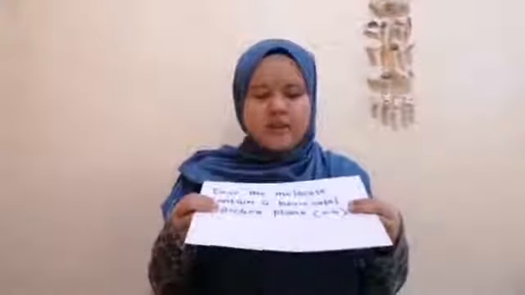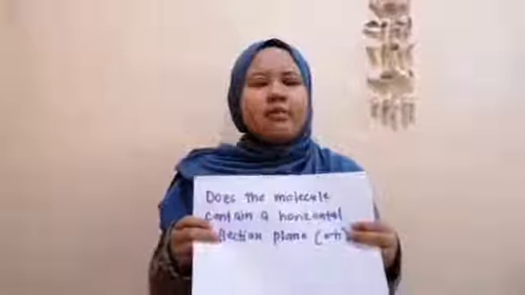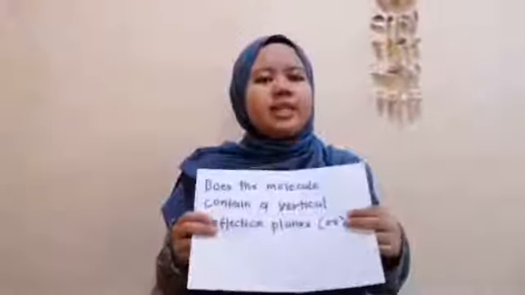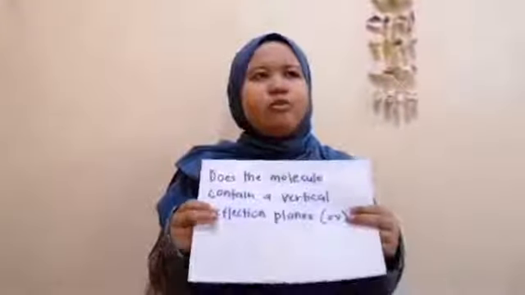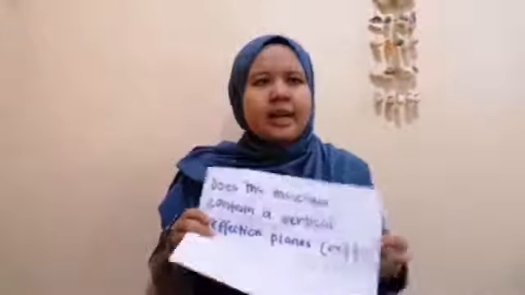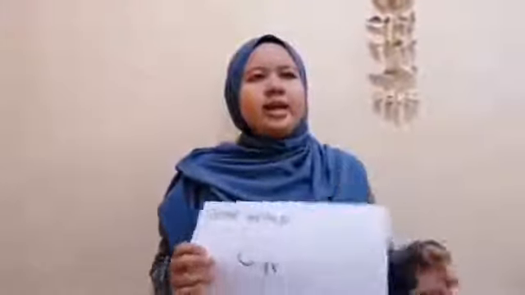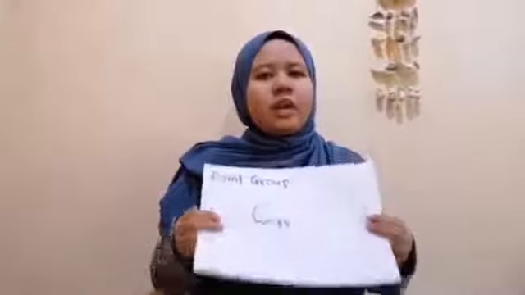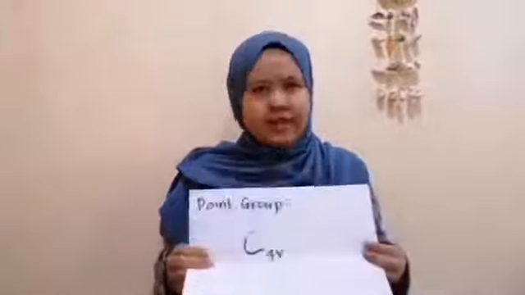After that, we need to identify whether our molecule has a horizontal reflection plane. And BrF5 did not have any horizontal reflection plane. And the last one is we need to identify whether our molecule has a vertical reflection plane. And yes, we have two vertical reflection planes. And that's the last point that we can consider to determine the point group for our molecule. BrF5 is C4v.